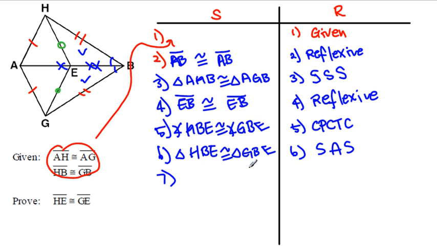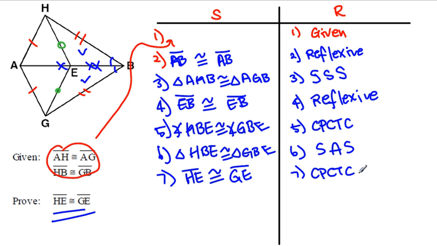Number seven. Since these two triangles are congruent, then we can finally say HE must be congruent to GE. And the reasoning must be CPCTC. All right, there it goes. Let's go for the second question together.